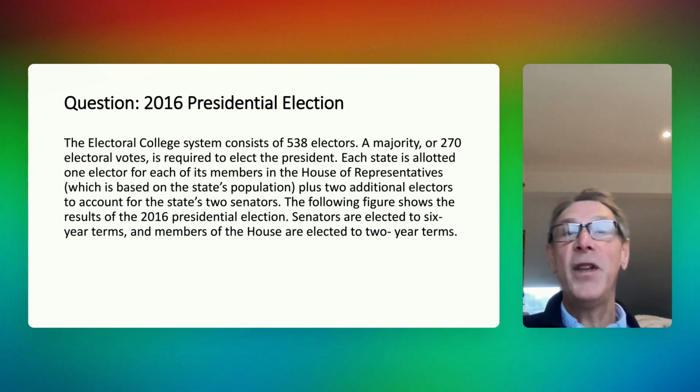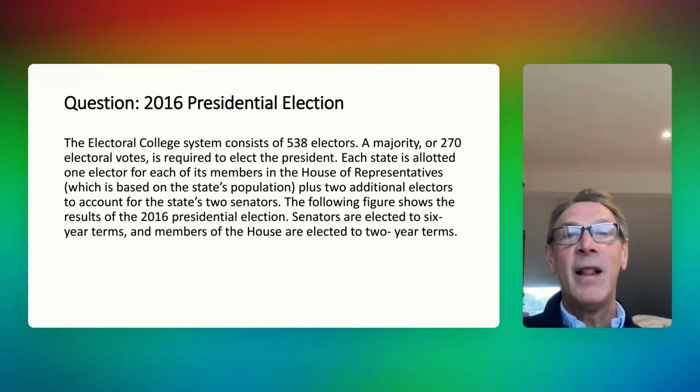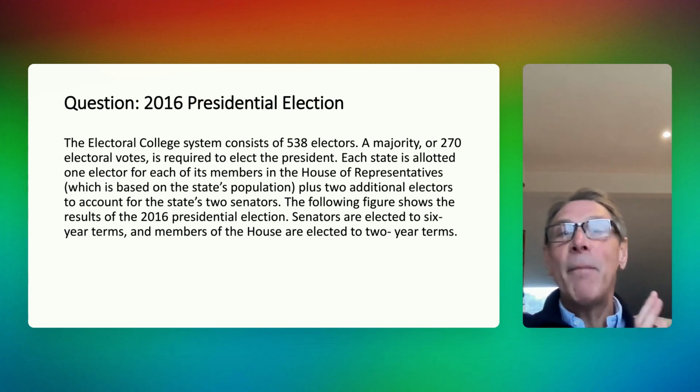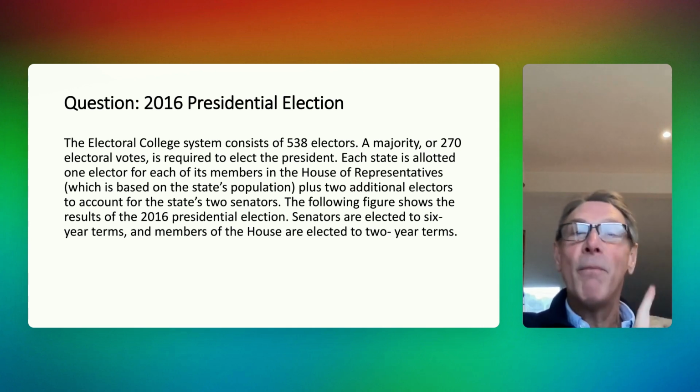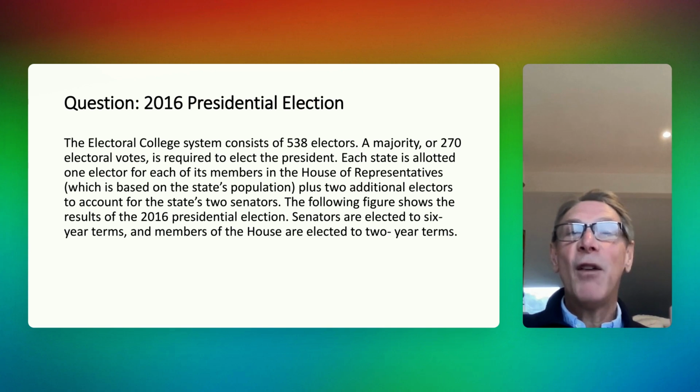But in California, even if the majority for Democrats is only one person, still every single member of the electoral college representing California will vote Democrat. That's how it works.